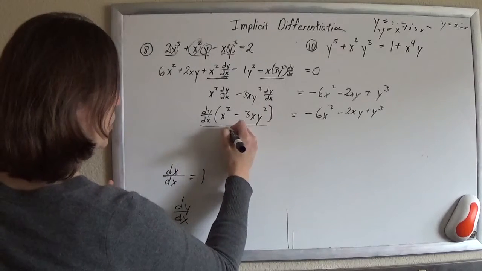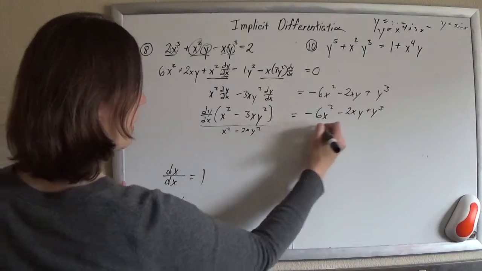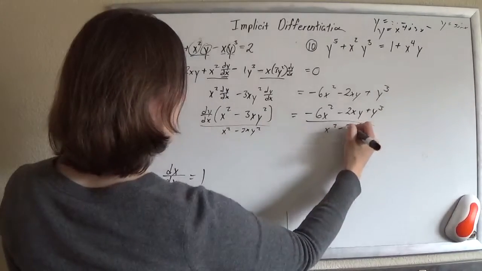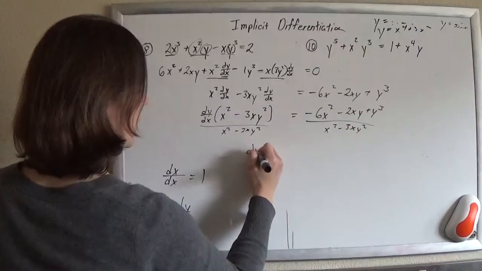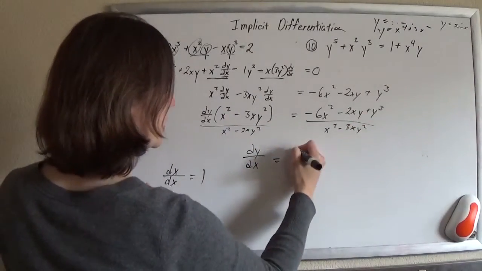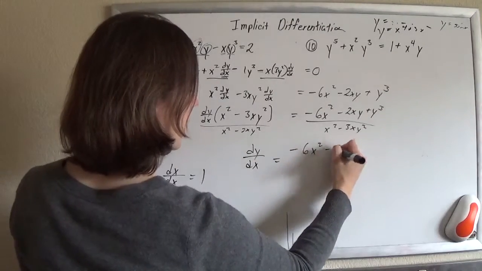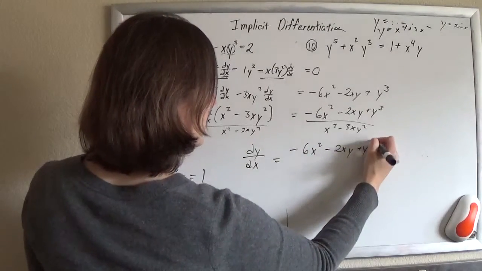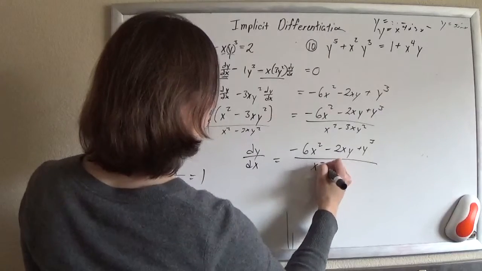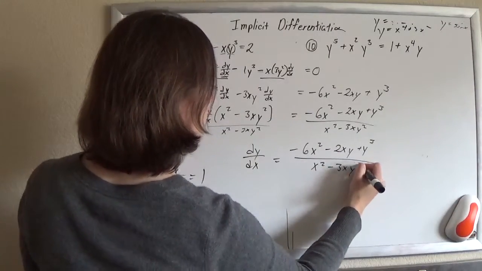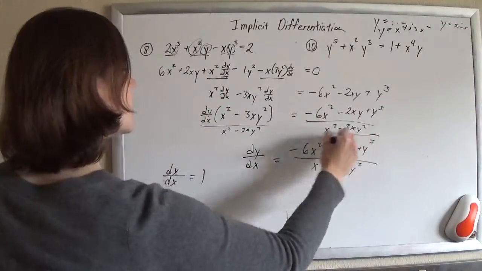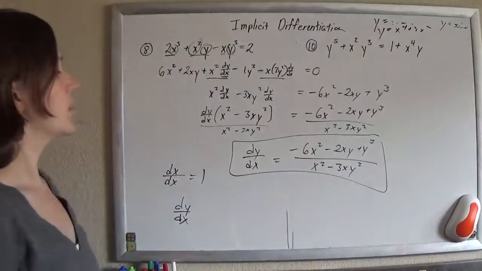So if we divide both sides by x squared minus 3xy squared, we get dy/dx equals negative 6x squared minus 2xy plus y cubed, all over x squared minus 3xy squared. Ta-da! That is your derivative.